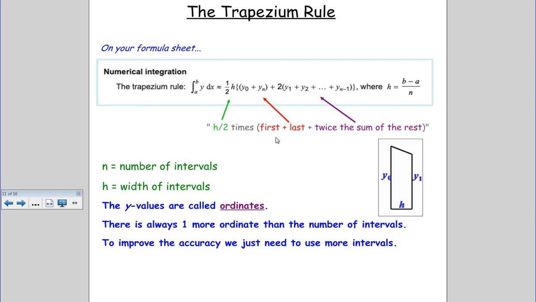So a way of remembering it is h over 2 times the first plus the last plus twice the sum of the rest. We call the number of intervals n, and h is the width of each interval. The y values are called ordinates, and there's always one more of them than the number of intervals. If we want to improve accuracy, we just use more intervals.